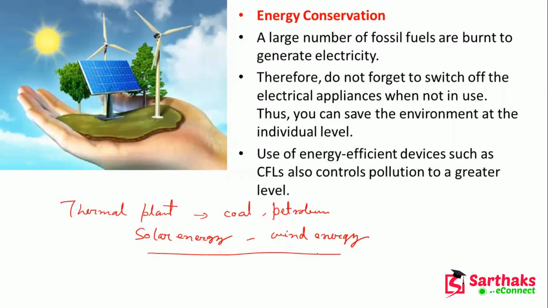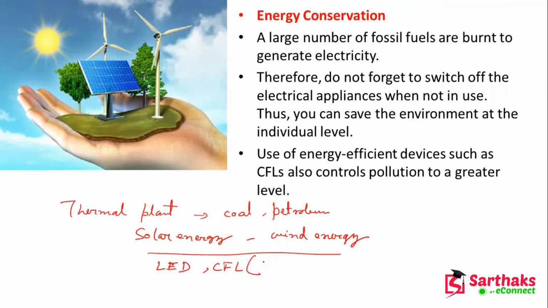And use of energy efficient devices, like if you are using tube lights, now we are using LED, light emitting diode. We are using LEDs and CFLs to control the pollution also, because if you are using less electricity, you can save the energy.